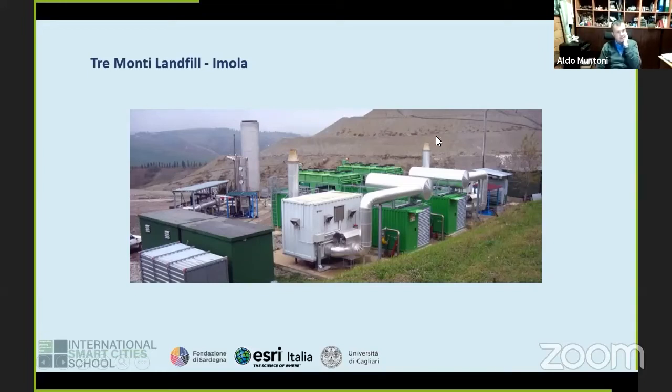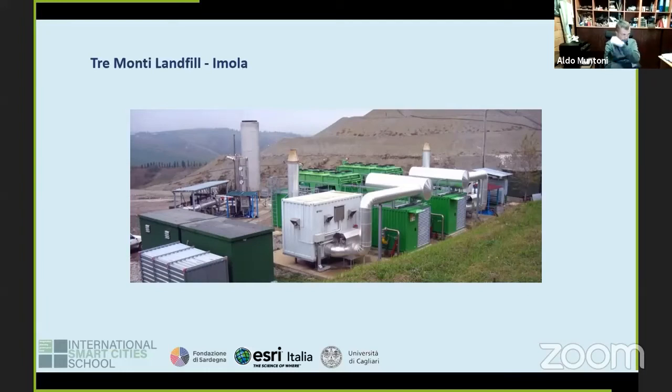And we designed a system for collecting this biogas to be fed to gas engines, and the electricity and the heat which was produced in this way was used to give electric energy and heat to the main hospital in Imola.